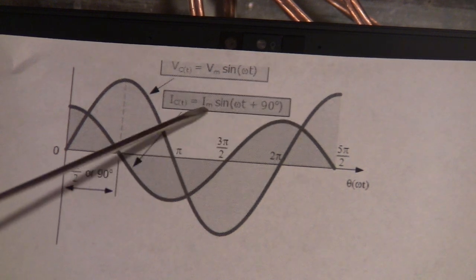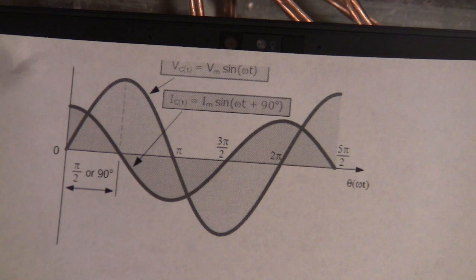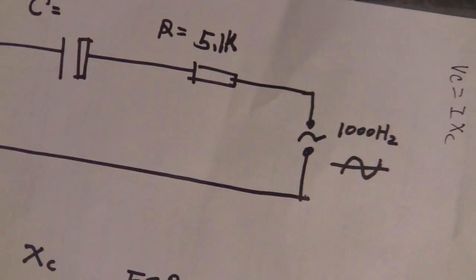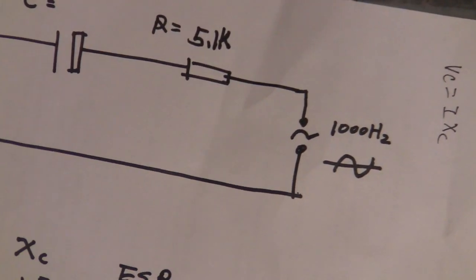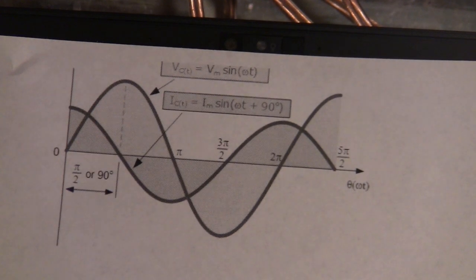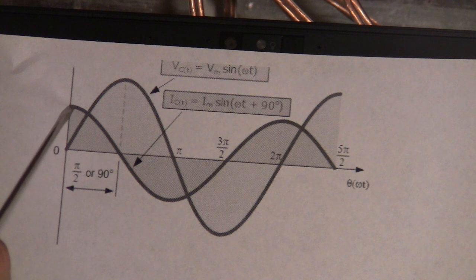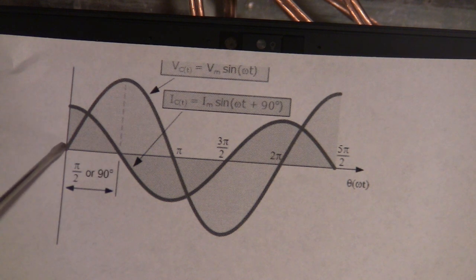We are not going to do this thing. This is the I, the current in the circuit. That current is the same. You see, that comes over here. The current flows through this AC circuit, right? The current will be the same for these two things. So this is the current waveform. When the current goes to the top, the VC, this is the voltage of the capacitor, just starts charging.